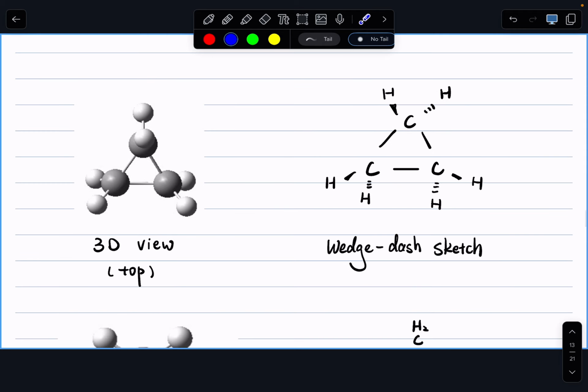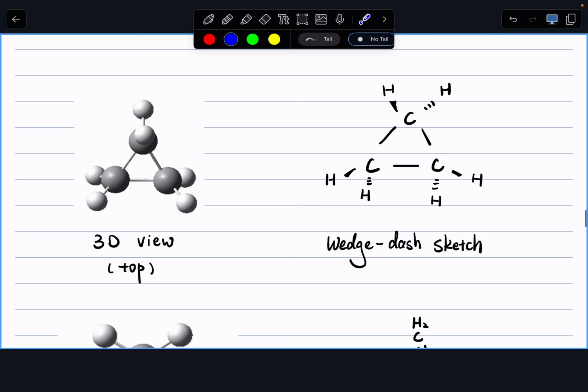And we have a 3D picture. If you don't have a molecular kit, you can find 3D visualization software online to look at the 3D structure of the molecule, and that also works. If we look at the 3D structure from the front view, you can draw the cycloalkane using the wedge and dash convention or the sketch.